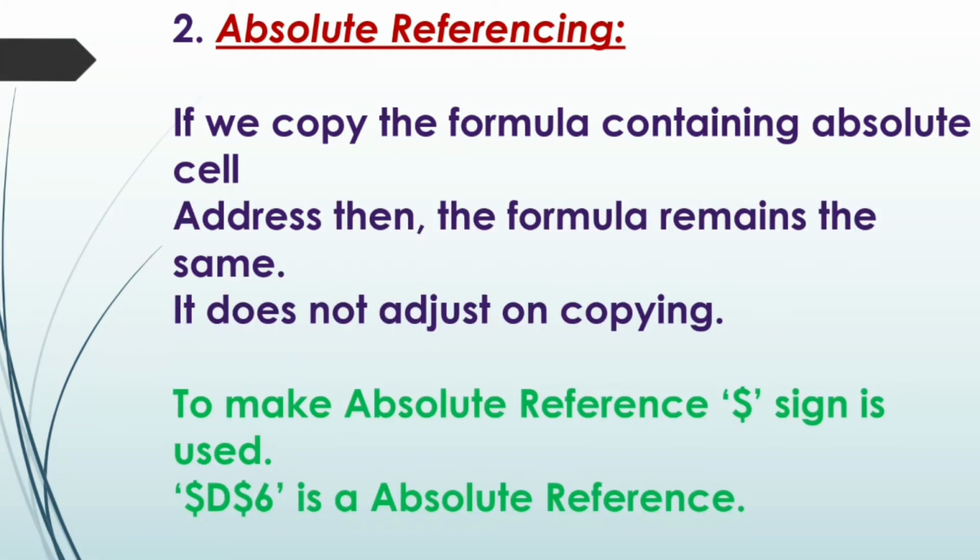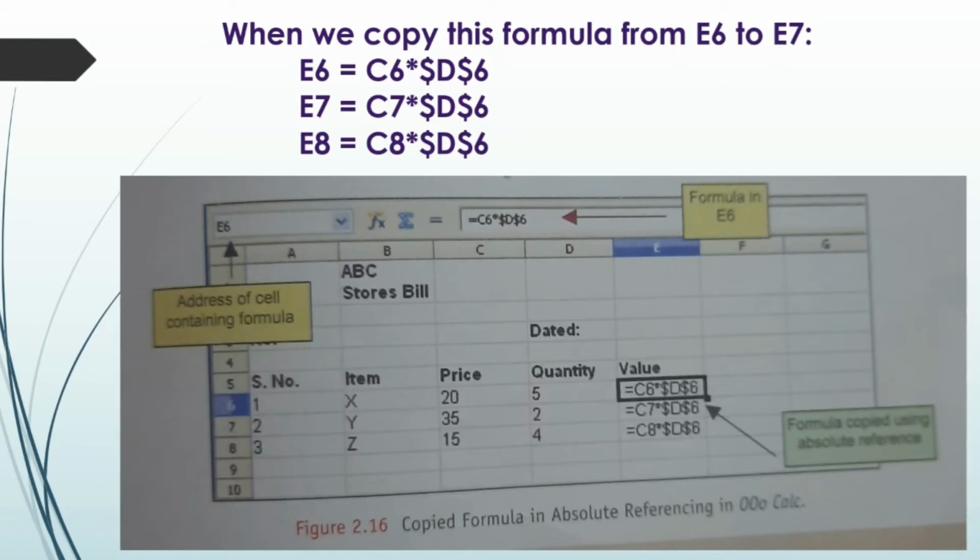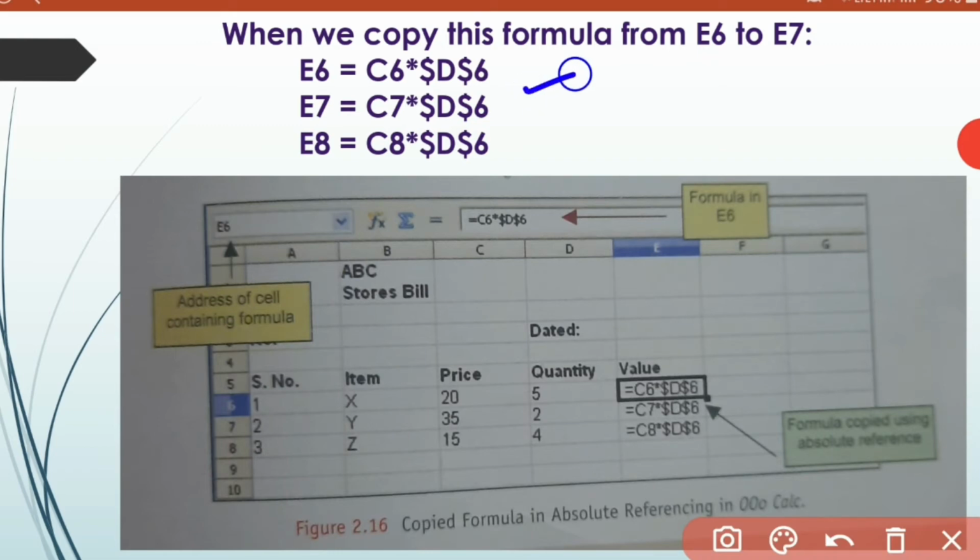Or take this example where E6 has the formula C6 * $D$6. If we copy the formula containing the absolute cell address, then the absolute cell address remains the same. In the formula E6 = C6 * $D$6, no matter wherever we copy the formula, whether we copy it to E7, E8 or any other cell, this $D$6 remains the same.